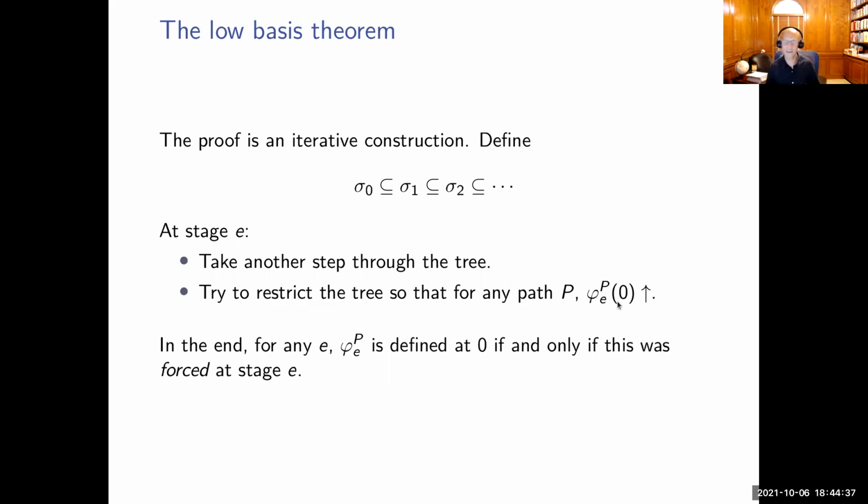You try to guarantee that Turing machines just won't halt, and if you can do that, you do. At the end of the construction, you get a path through the tree with the property that the only Turing machines that halt on empty input relative to the path are the ones that were forced to halt at that stage of the construction. That's what gives you control over sigma 1 properties of the path from the construction itself.